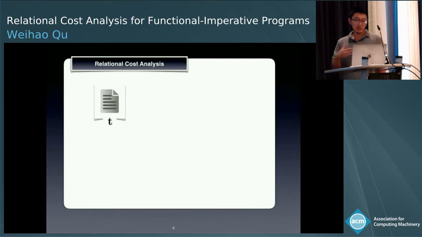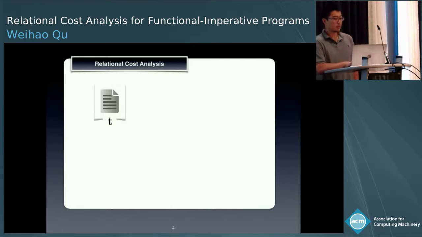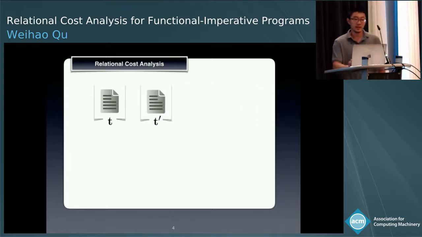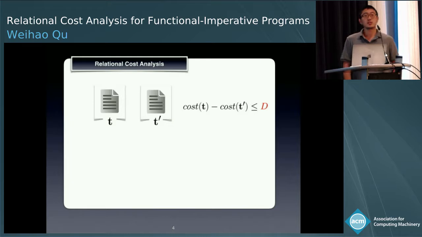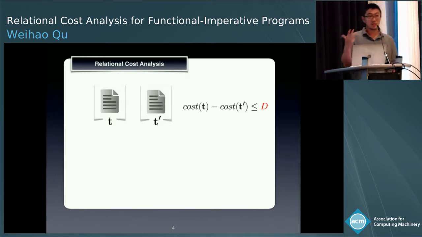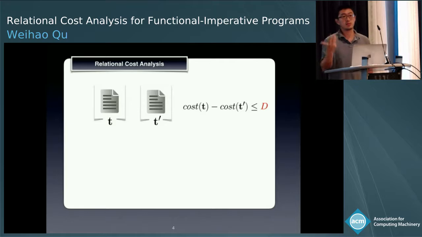What we are really interested in is to provide cost analysis in the relational setting on two programs. The aim of the relational cost analysis is to statically establish an upper bound on the difference in the cost of two programs.